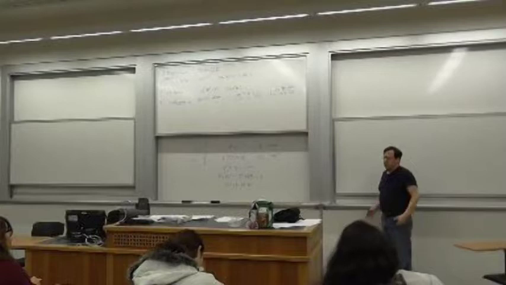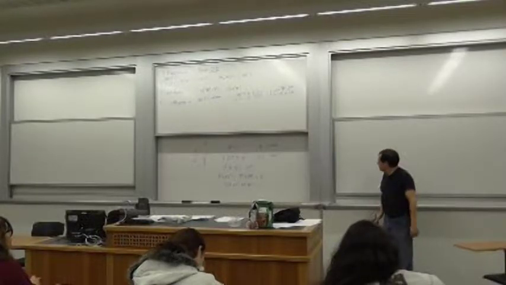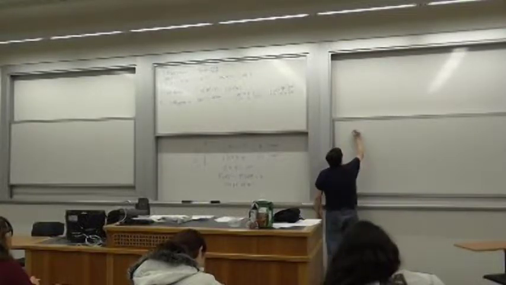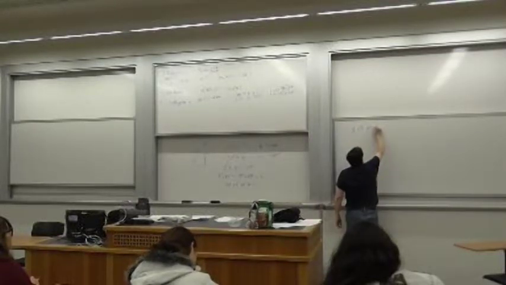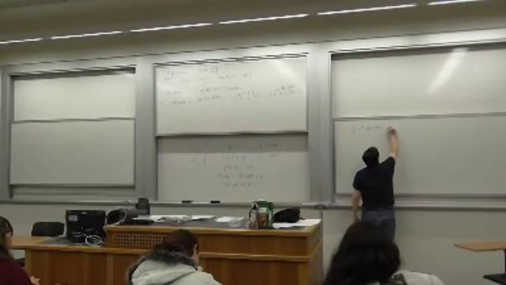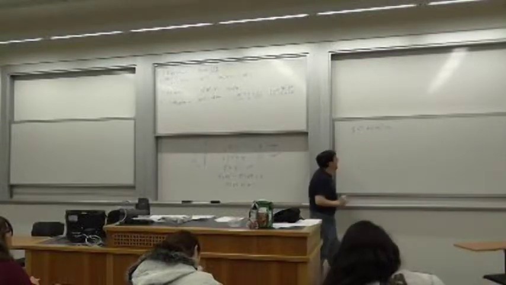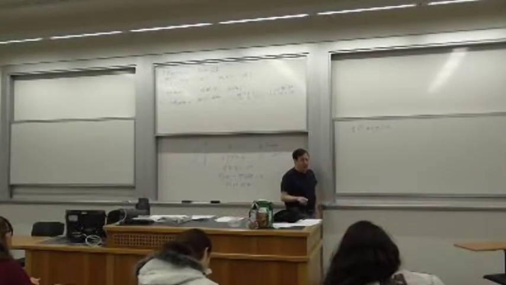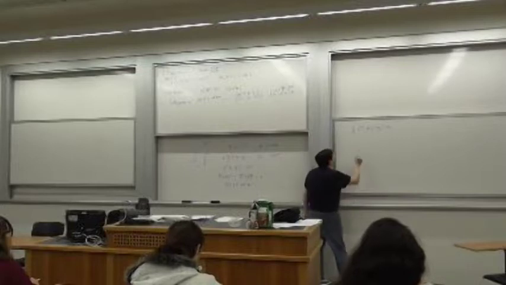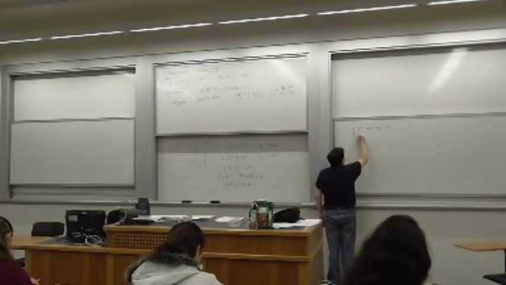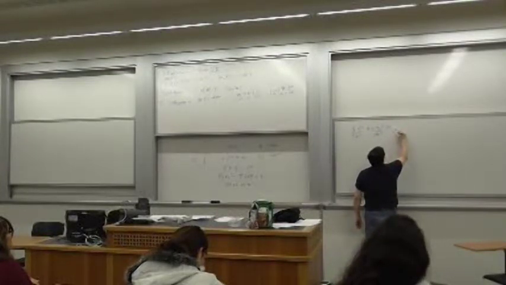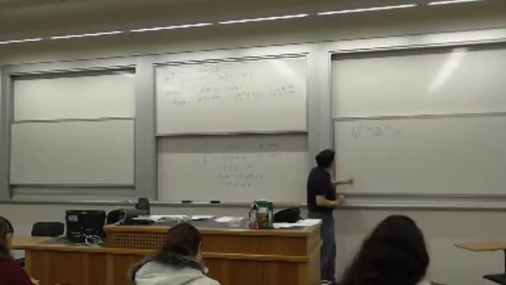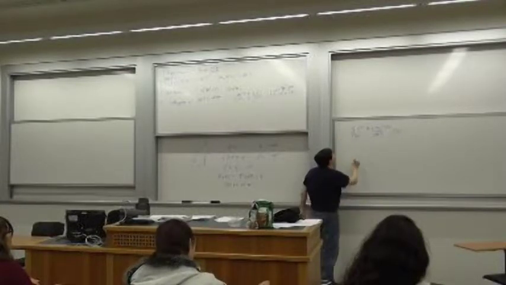So there's a couple other members of this family that you can get very easily. Let me show you how you do that. If I have sine squared plus cosine squared equals 1, and if I divide by sine squared, well, this is 1.